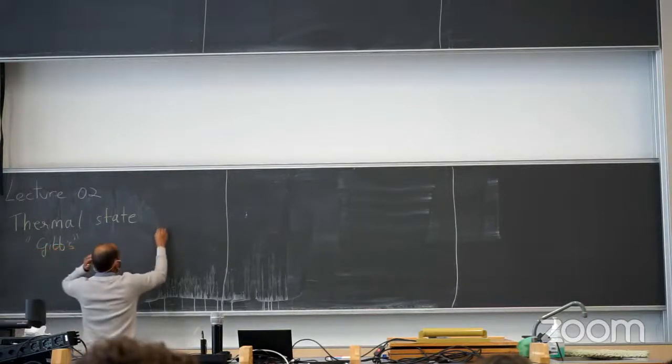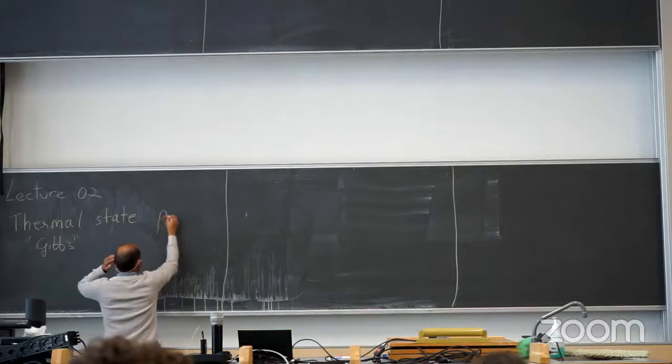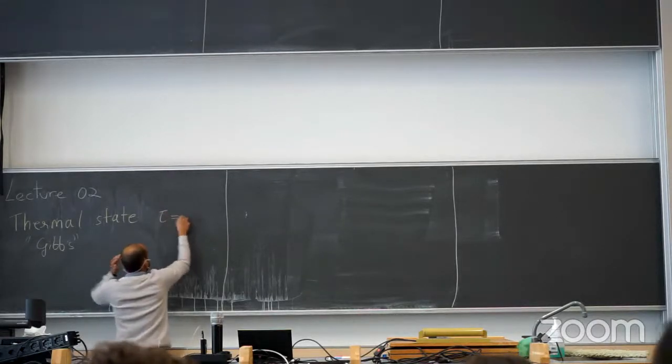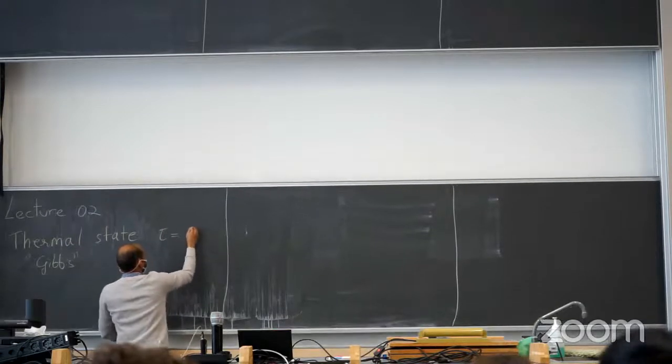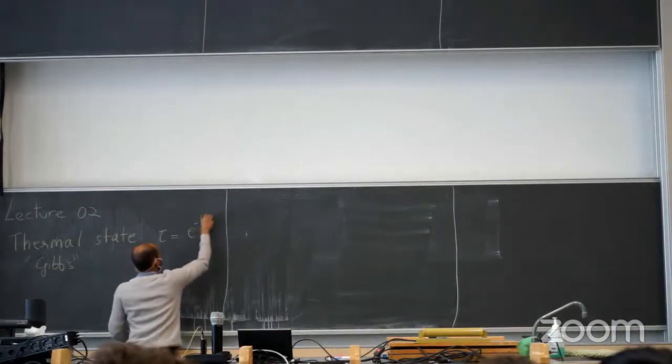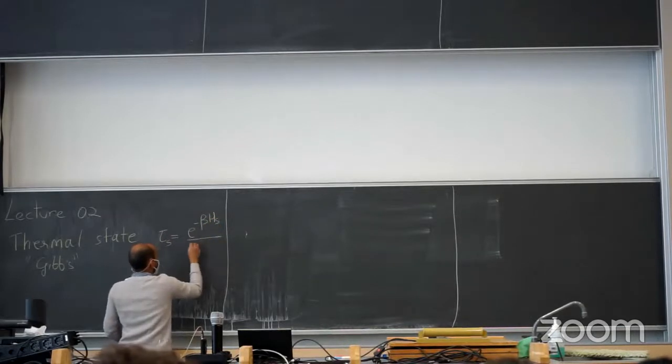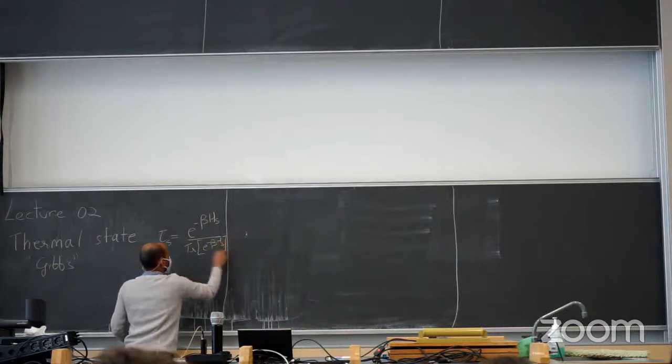I said that if you have a density matrix rho and it's supposed to be thermal, so in fact we call it tau, then it is proportional to the exponent of the Hamiltonian of the system divided by the partition function, which is just to say that it is a normalized state.